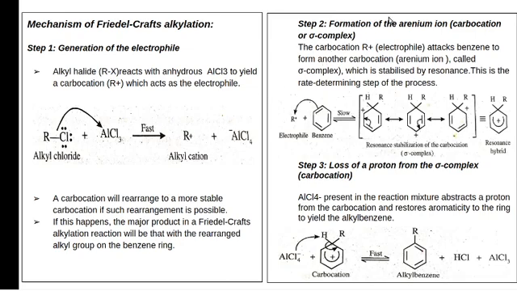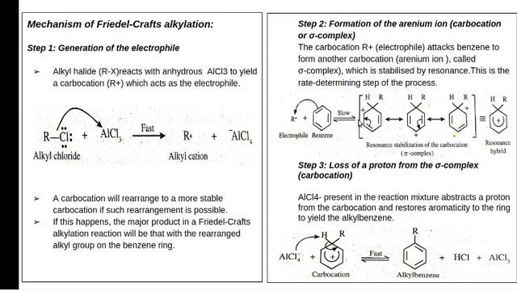Then the second step is the formation of the arenium ion, or carbocation, or sigma complex. The carbocation R+, the electrophile, attacks benzene to form another carbocation, the arenium ion called sigma complex, which is stabilized by resonance. This is the rate determining step of the process. In this step, the carbocation formed in the first step attacks the benzene ring.